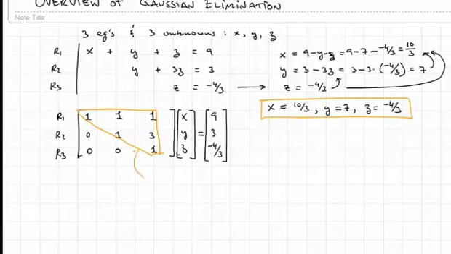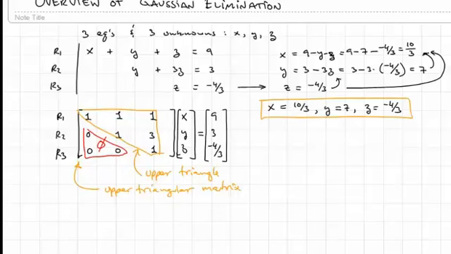Okay, so this is an upper triangle, right? This matrix as a whole is an upper triangular matrix. And the reason we call that upper triangular is because the lower triangle here are all zeros.